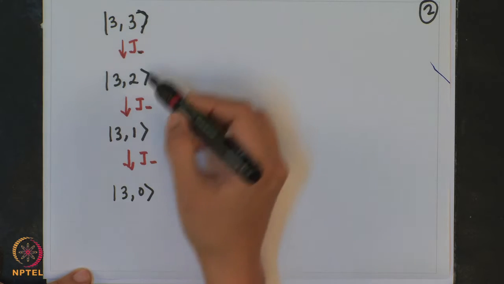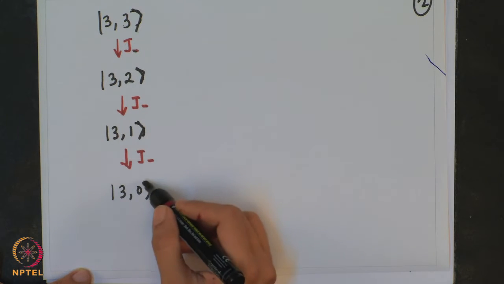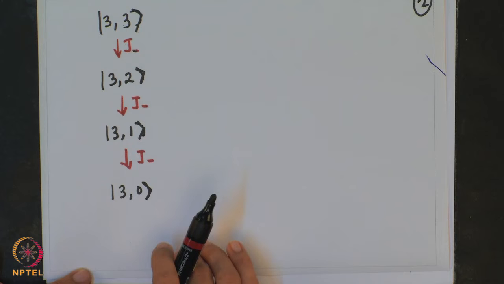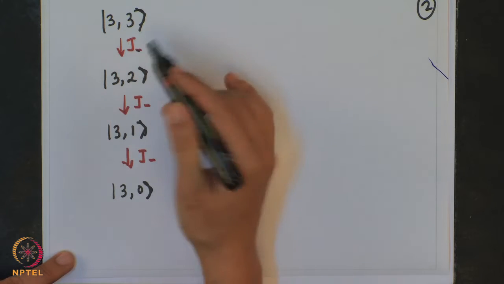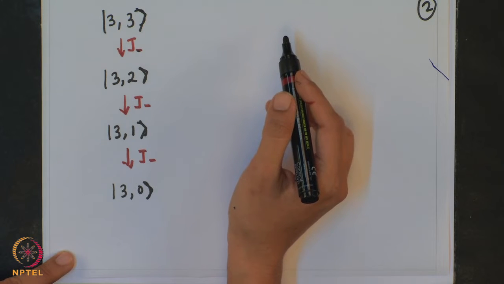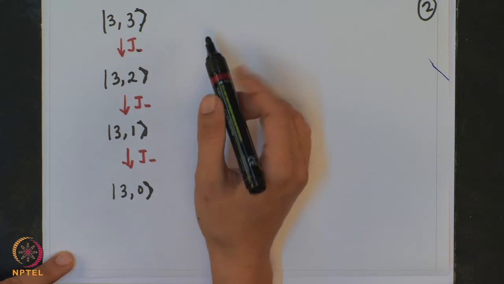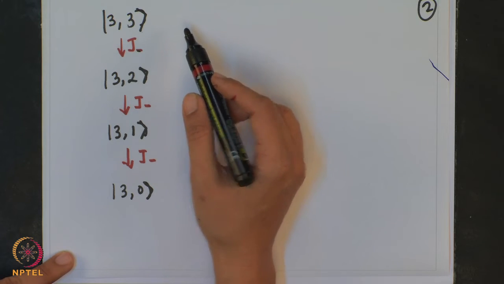So, these states you can obtain, these are all left hand side terms. Similarly, the corresponding right hand side terms you will obtain. Okay, you have seen this in the calculation of CG coefficient.